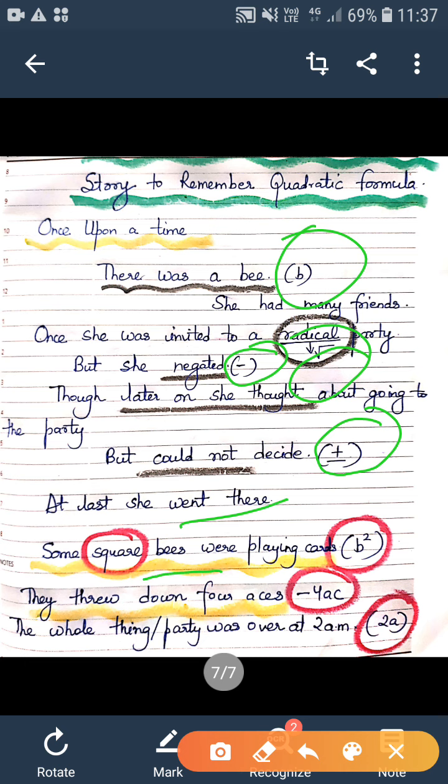Some square bees were playing cards. Square bees means b square, and they threw down 4 aces from the cards. Threw down means minus sign, and 4 aces is 4ac. The whole party was over at 2 a.m., so 2a is the denominator for the whole thing.